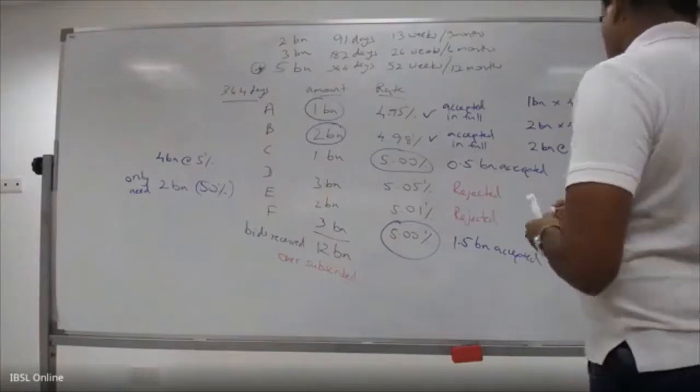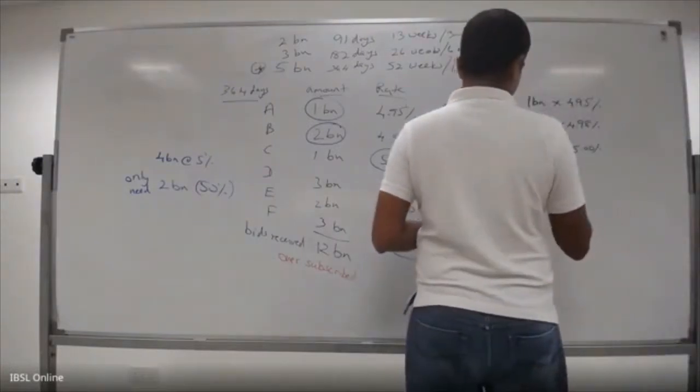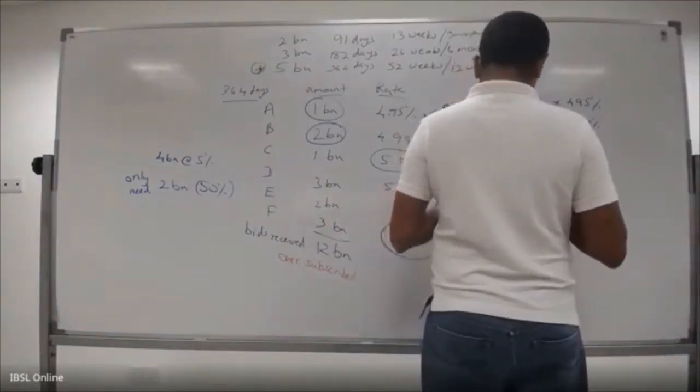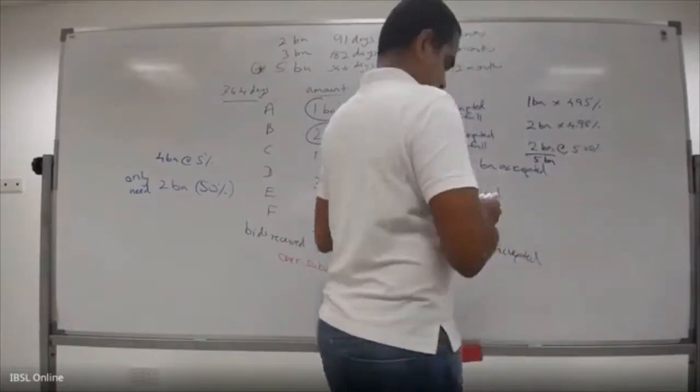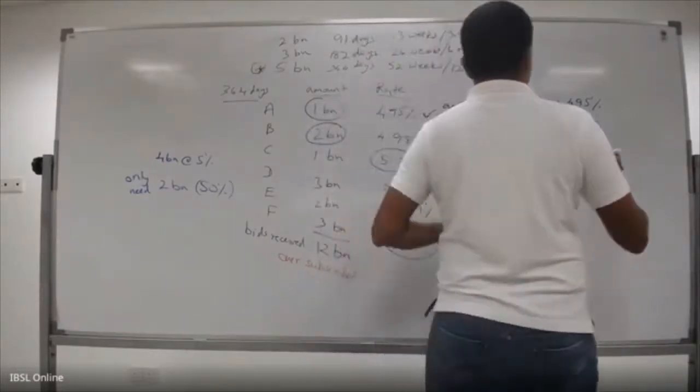Meaning a total of 5 billion has been accepted at 4.95.